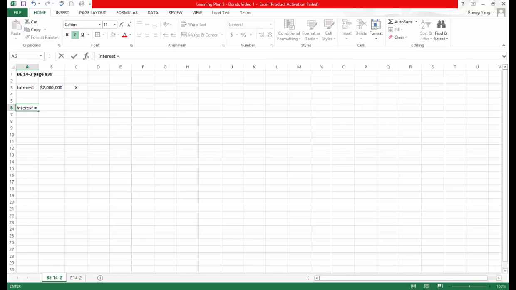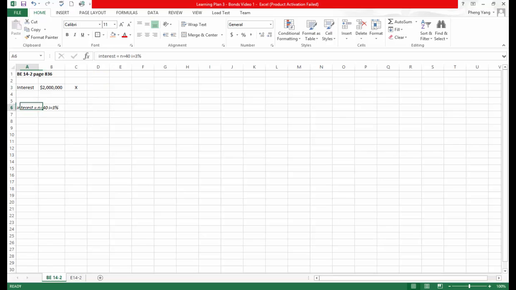Our number of periods, N, is 40. Our interest is 3%. This is calculated semi-annually, so it's 6%, but because it's paid twice a year, our interest is 3%.